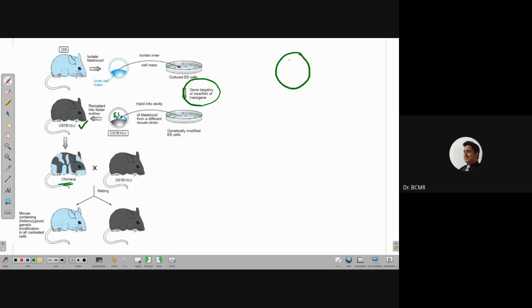We have one blastocyst, assume that it is having green ICM. We are now introducing the engineered embryonic stem cells into this, okay? So we have some cells which are given like this. The whole ICM is going to give rise to one animal.